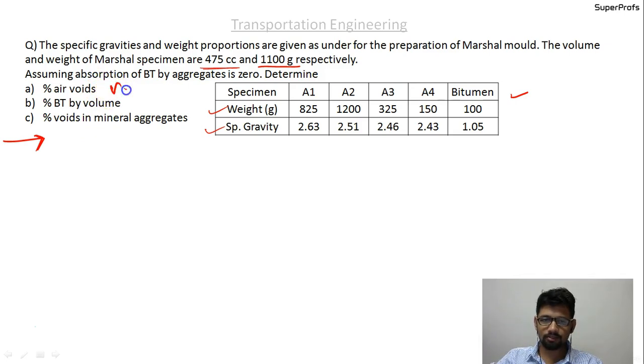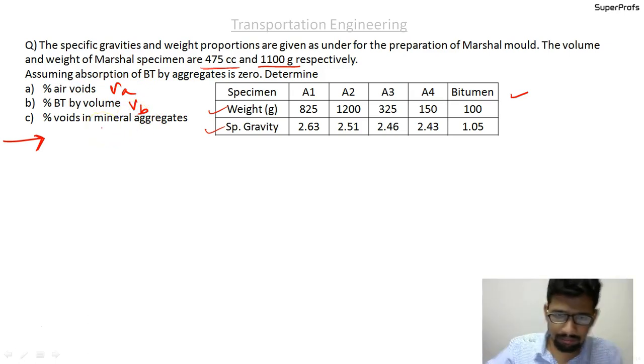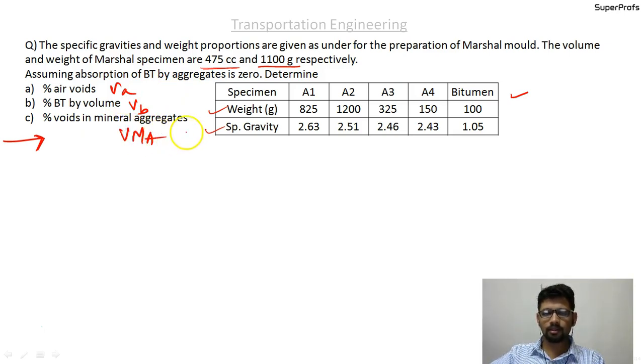Same thing, they are asking for VA, VB. Here everything comes in percentages, so I am not mentioning it again and again. And percentage voids in mineral aggregates, that is VMA.